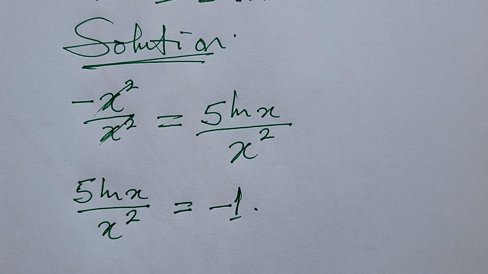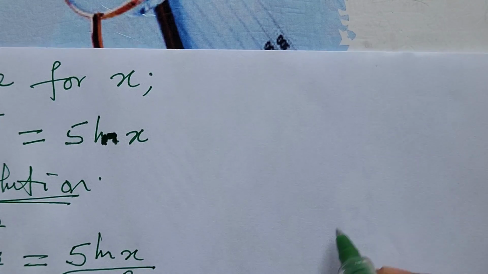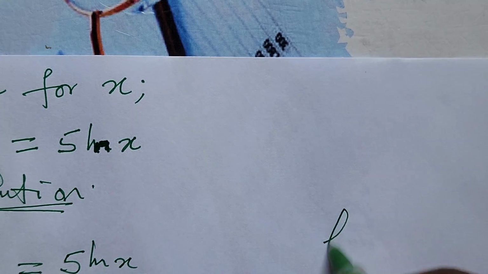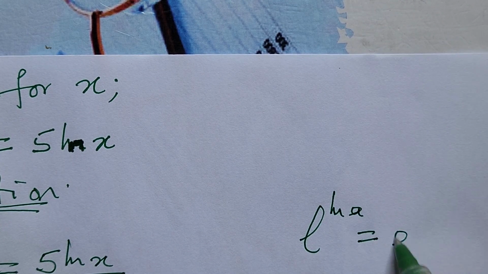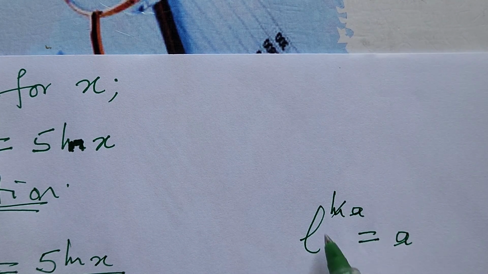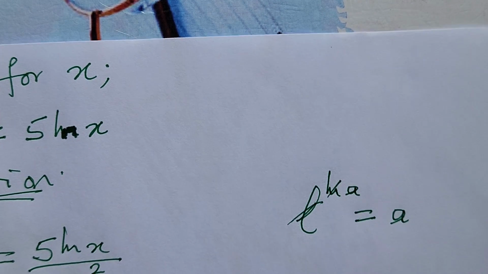So what are we doing next here now? We look carefully. From here, we want to rewrite the denominator. We all know that if we have an expression of this kind, e to the power of ln of a is equal to a. Why? Because the e and the ln cancel, so we are left with a, right?